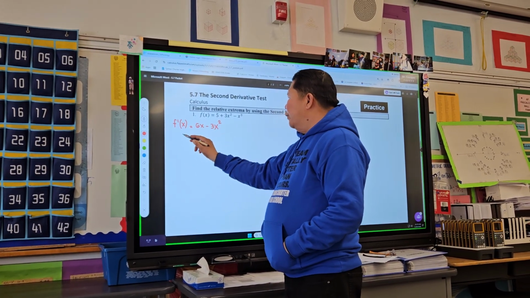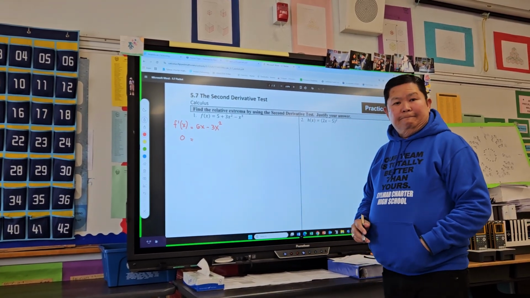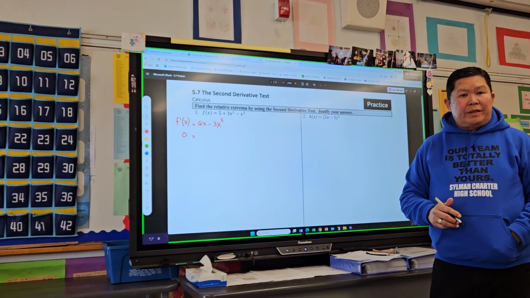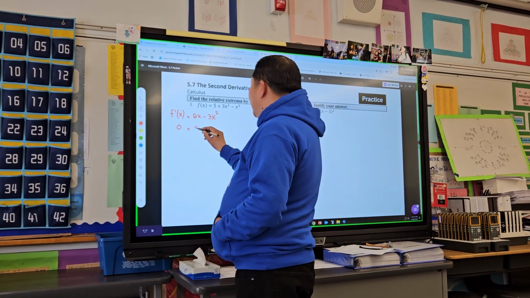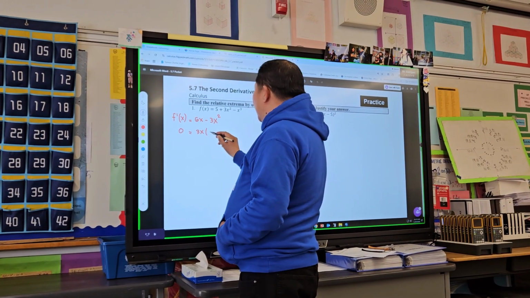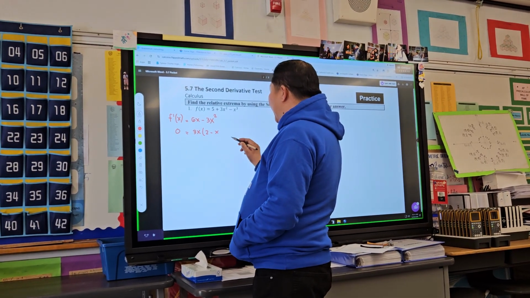Okay, and then equate to 0. But is there a common factor? Yes, 3x is common. So we have 3x times (2 minus x).